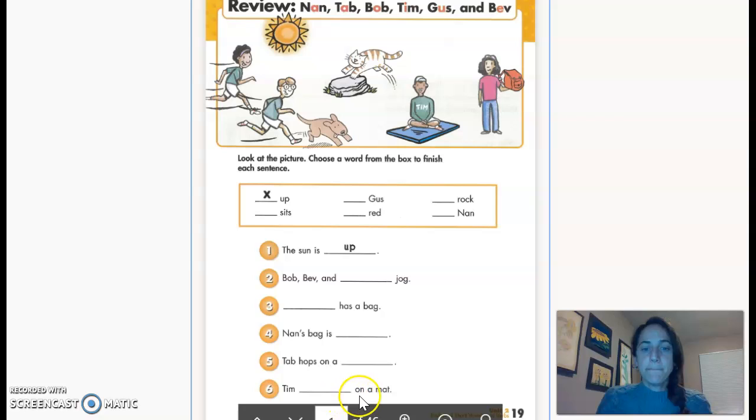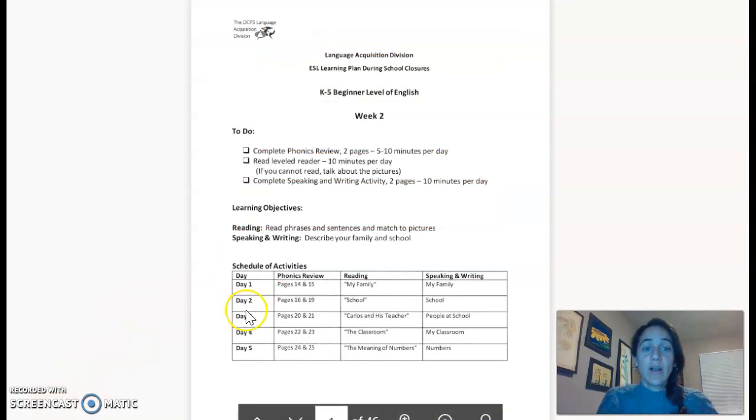Tim sits on a mat. Yes, Tim sits on a mat. Great job. Now I want you to go back through, try to read the words, thinking about the name of the letter, the sound it makes. Great. So for day 2, we just finished our phonics. That was hard work today. Great job. Now we're going to read our book, School.